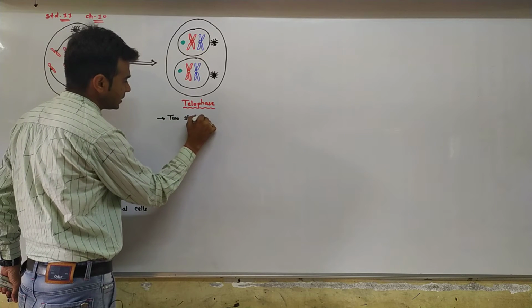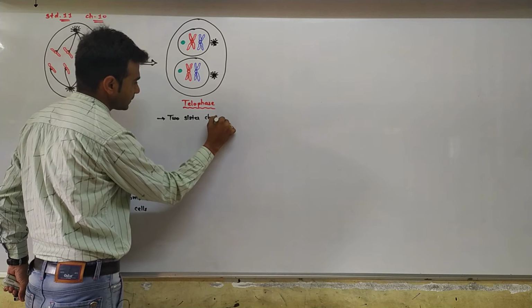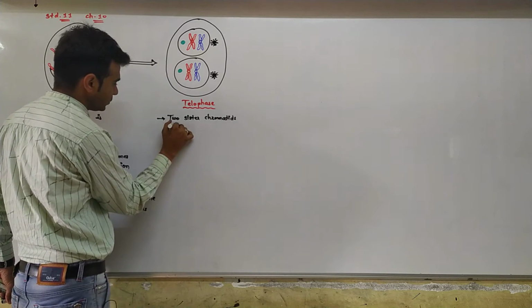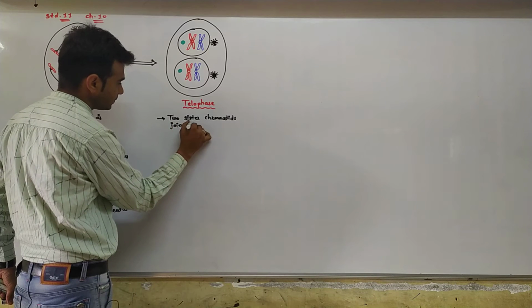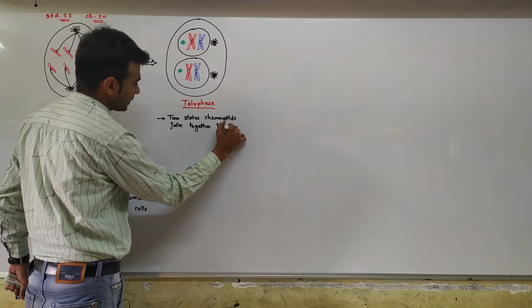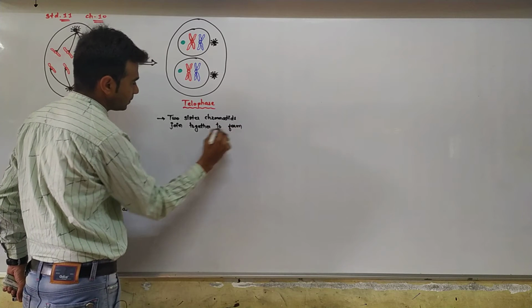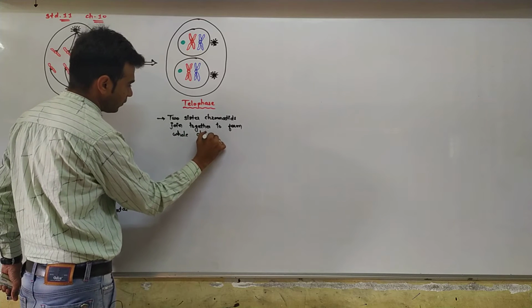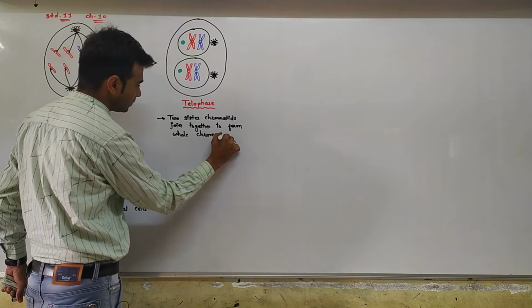Two sister chromatids join together to form one chromosome.